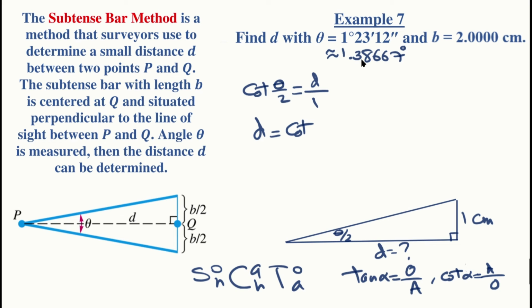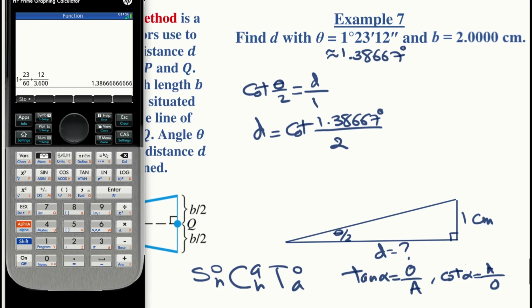Now we're just going to substitute that for theta of 1.3667 degrees over 2. And now we bring up our trusted friend here. Of course there is no cotangent button here, right? So all we have to do is simple, just hit 1 over tangent and type that in.